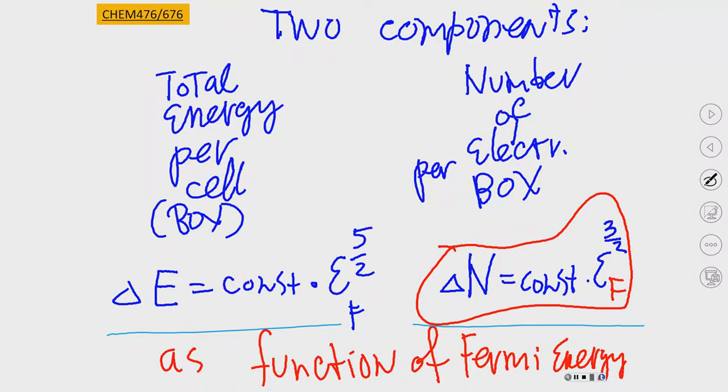Fermi energy is an auxiliary quantity that we can get rid of. So I have a suggestion of what we can do. What if we express this total energy of a box with many electrons as a function of the number of electrons in the box? Can we do it?